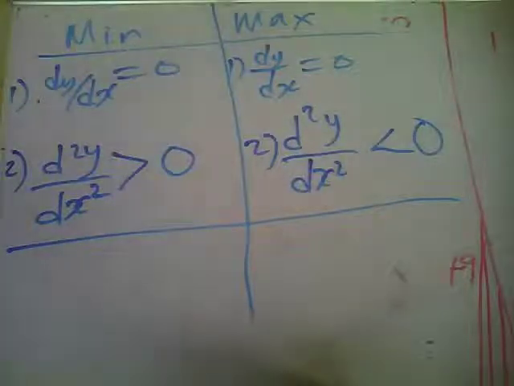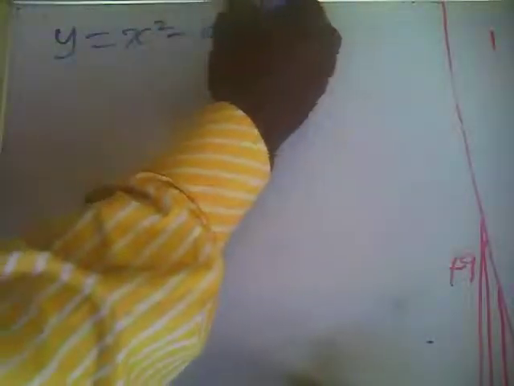Problem number 1: find the minimum value of the function y equals x squared minus 6x plus 5.